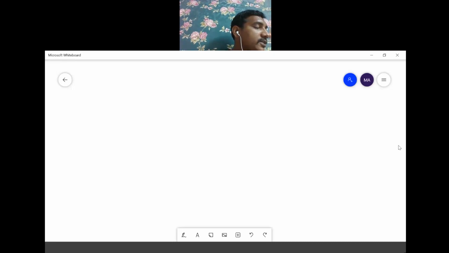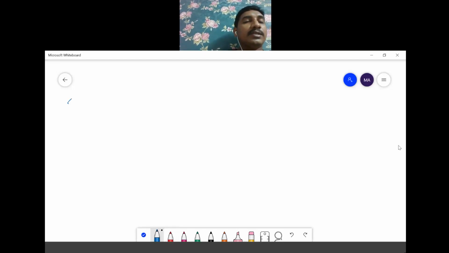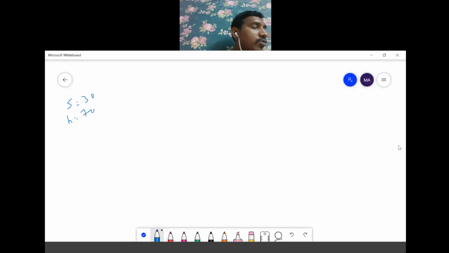A hexagonal prism with base side 30 mm, and it is 70 mm long in height, and it has a square hole of side 20 mm.